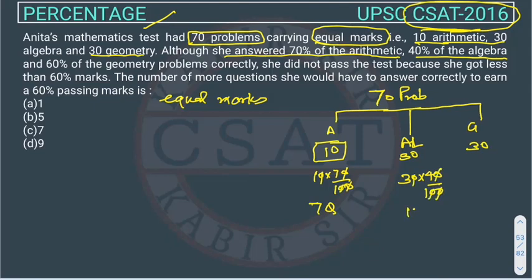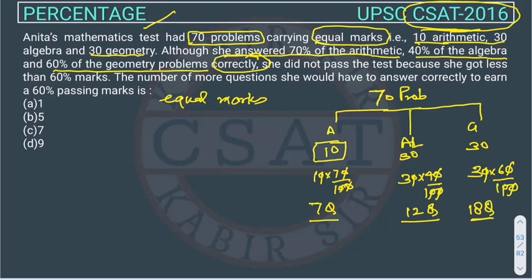So how many questions? 12 questions. And 60% of the geometry problems. So 60% of total geometry problems, which are 30. This 0 will cancel this 0. So 18 questions. Right.